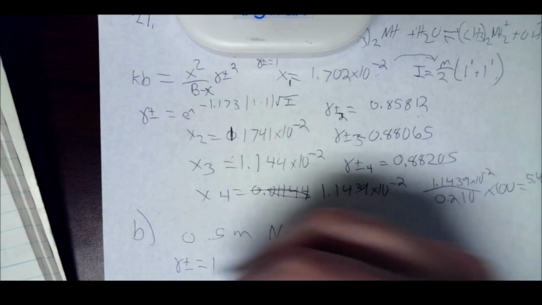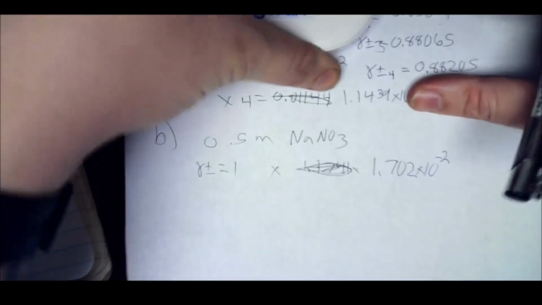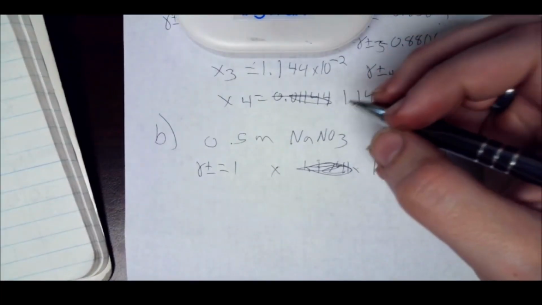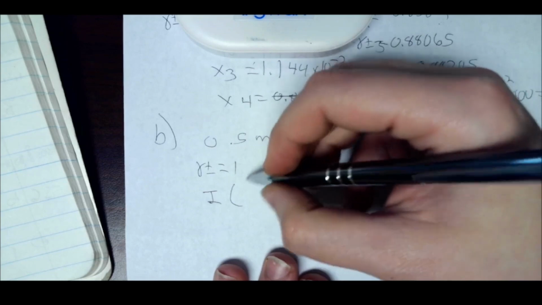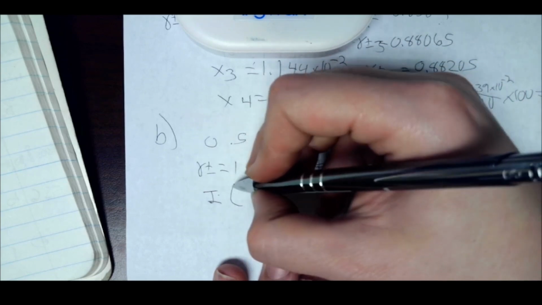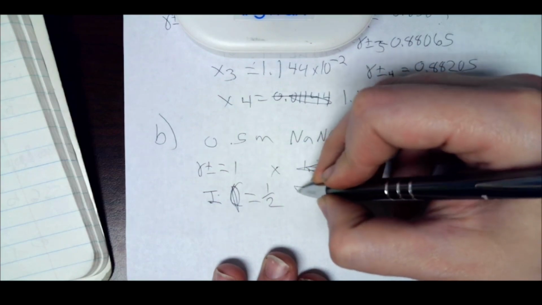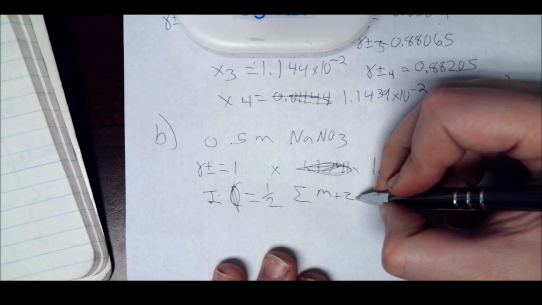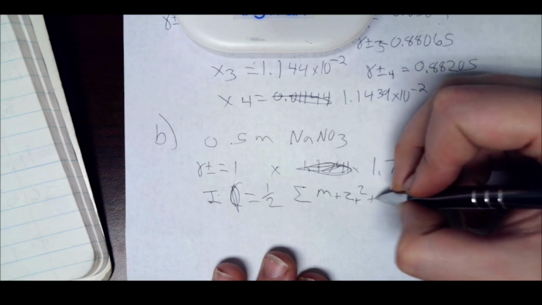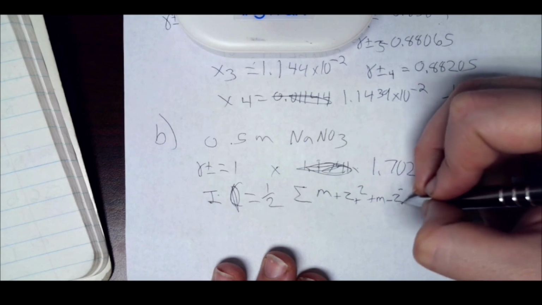Let's see how this changes our I, because that's going to be important. How do we change our I, and how does it change our gamma? Remember, I is equal to 1/2 times the sum of m plus z plus squared plus m minus z minus squared.